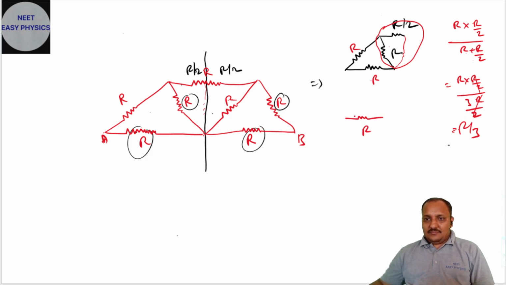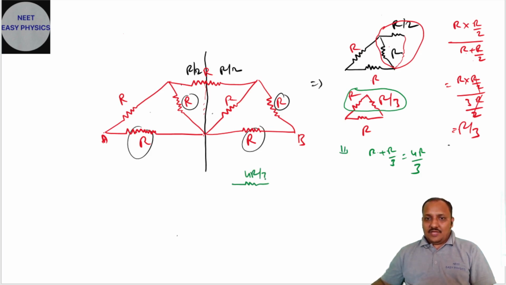Now see here, this is R, this is R, this is going to be R by 3. Now how are R and R by 3 connected? R and R by 3 are connected in series. R plus R by 3 is going to be 4R by 3. Now next, 4R by 3, and below one is going to be R. This resistance is going to become like this.